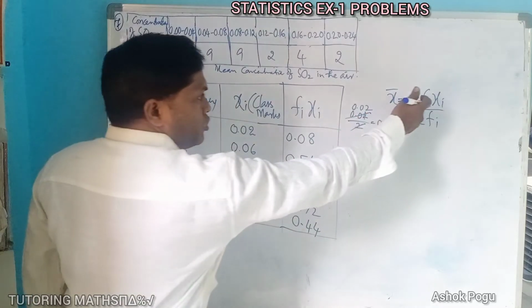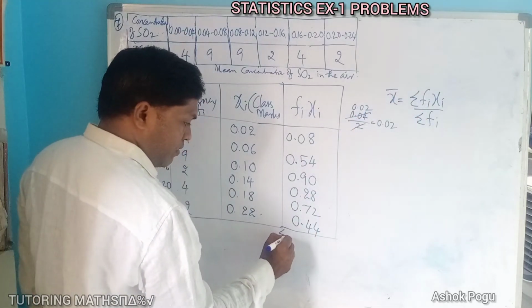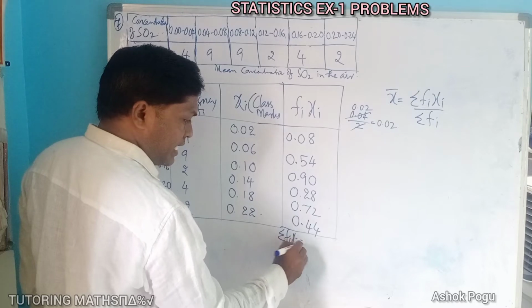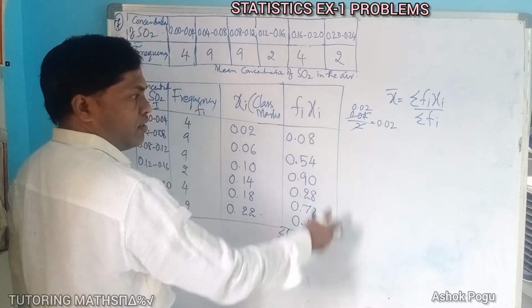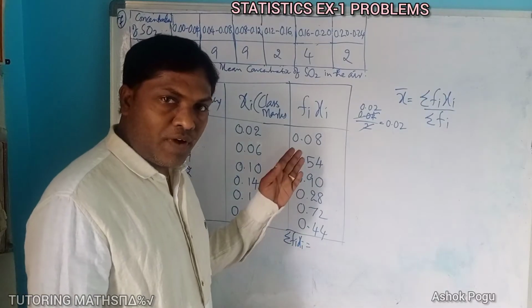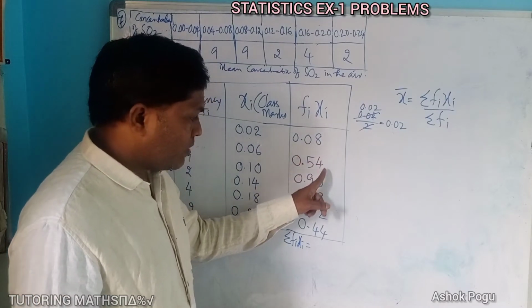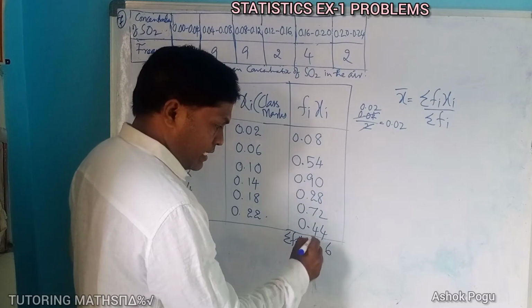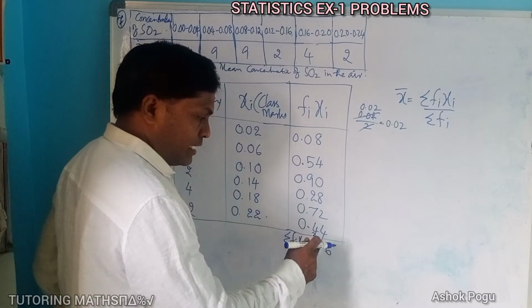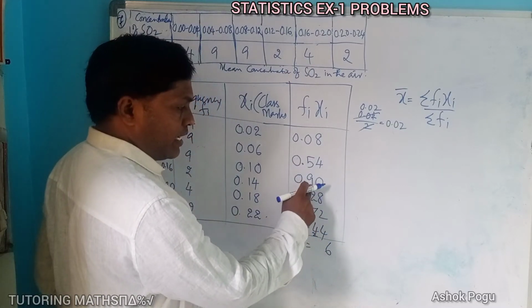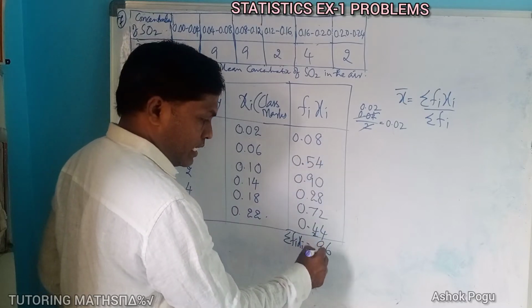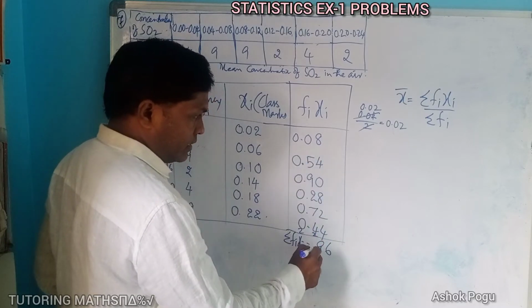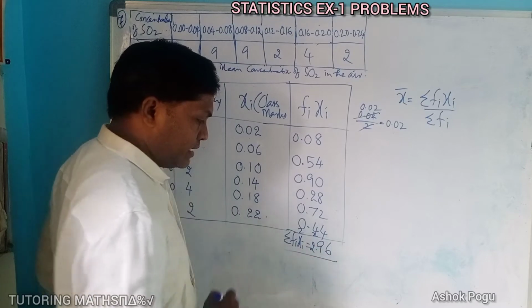Now you should find sigma fi xi, the summation of all these results. Let us find the summation. 8 plus 4 is 12, 12 plus 8 is 20, 20 plus 2 is 22, 22 plus 4 is 26. Then 4 plus 2 is 6, 6 plus 9 is 15, 15 plus 9 is 24, 24 plus 5 is 29, and this is 2.96.